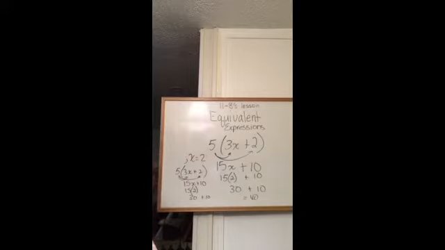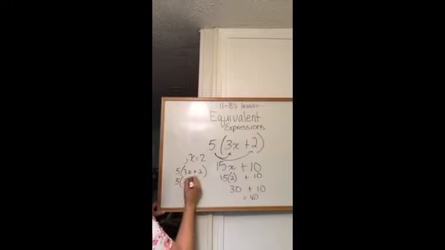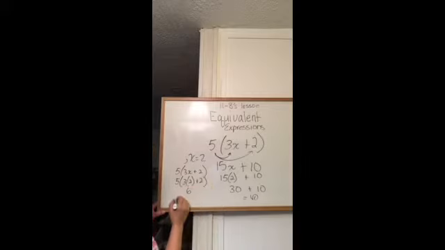But I could work that a slightly different way also. I could say, okay, before I even do that, I'm going to substitute in the 2. 5 times 3 times 2 plus 2. Well, what is 3 times 2? It's 6.